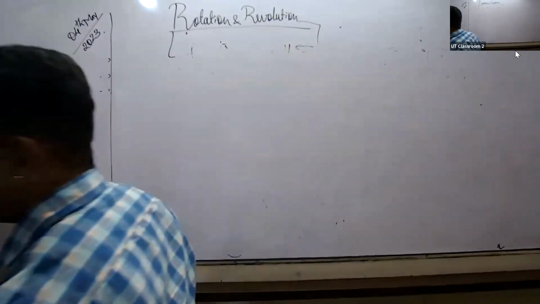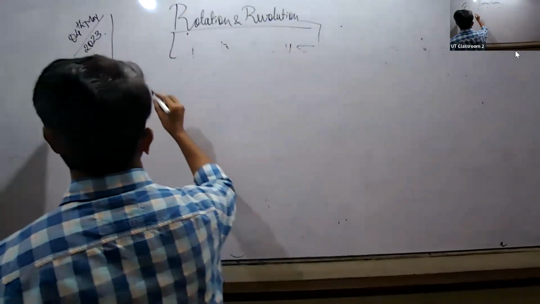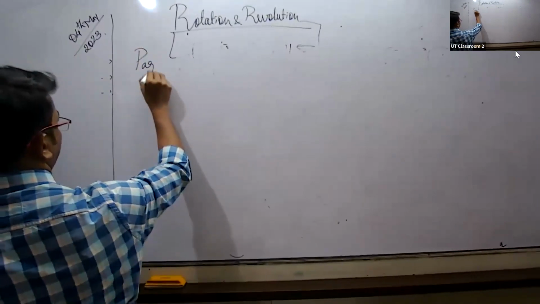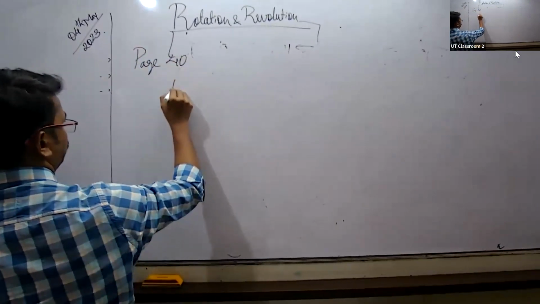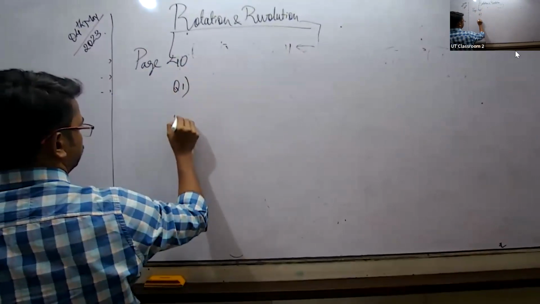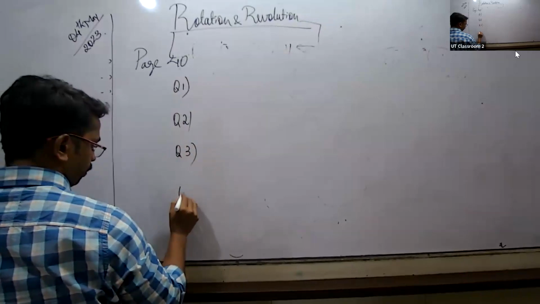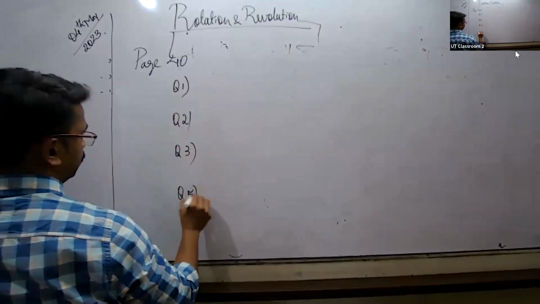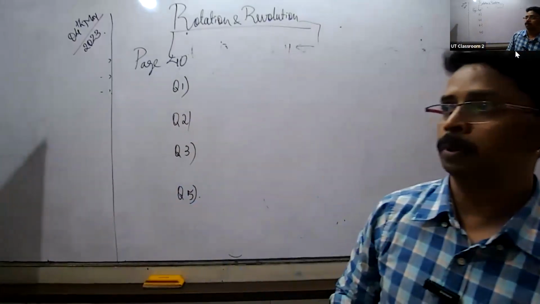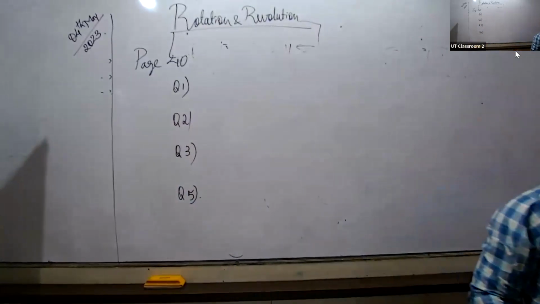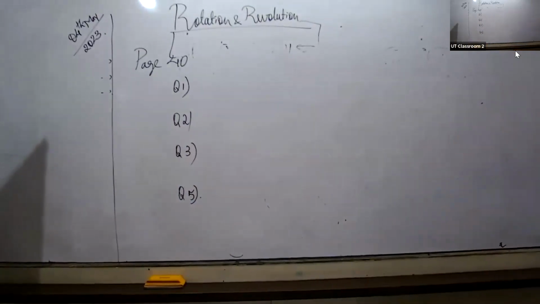What is the page number? Page number 40. And what are we solving? Question number 1, 2, 3, and 5. Come on, solve it and show it to me. It should be correct. Don't make any mistake.